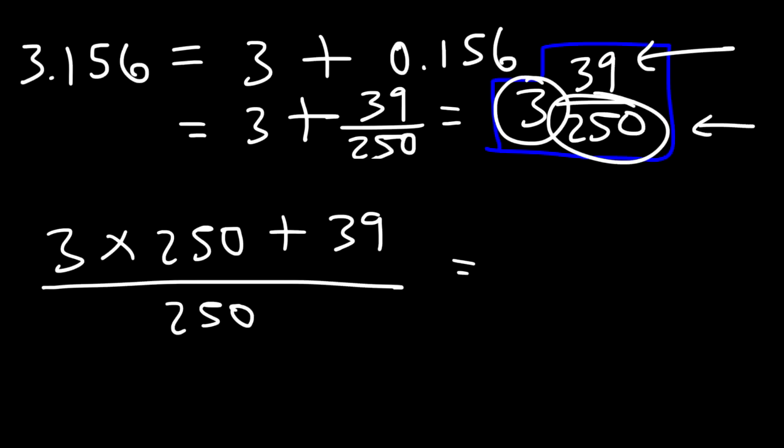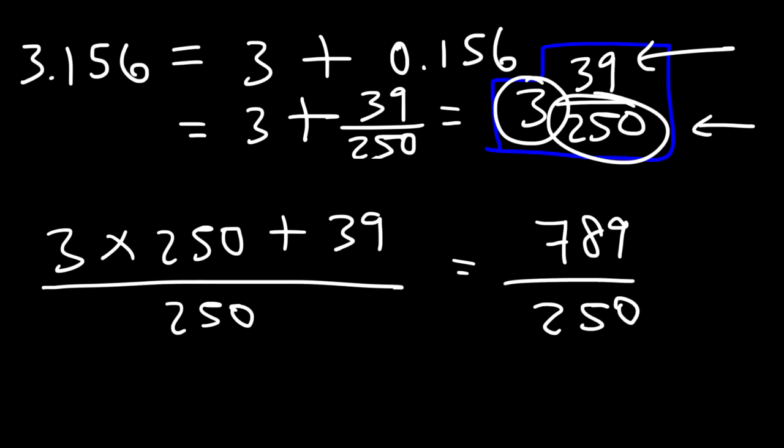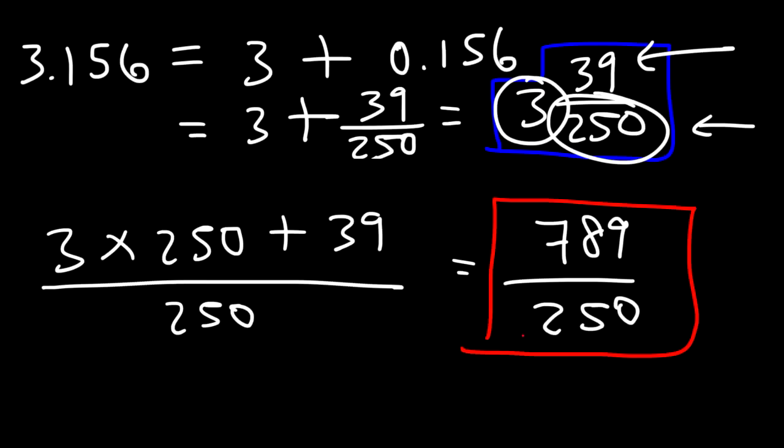Now 3 times 250 is 750. 750 plus 39 is 789. And so this is the answer as an improper fraction, if you need to report it as such. But that's how you can convert a mixed number back into an improper fraction.